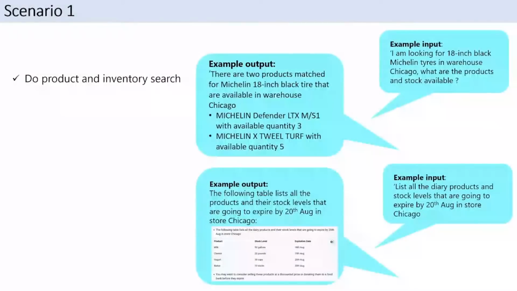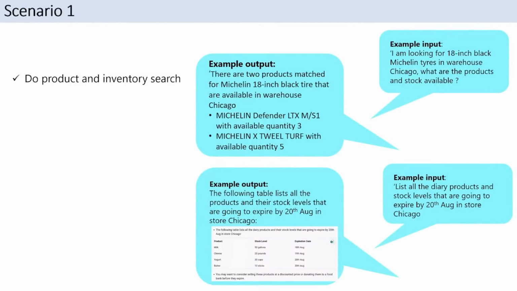Now let's look at the main scenarios of how our customers are using this Copilot in inventory visibility. In short, you can do a product and inventory search whenever you want, just like the product search functionality we just saw. One value of the product search functionality is that it works as the foundation of the Copilot, which means the Copilot uses the product search functionality for attribute-based search.